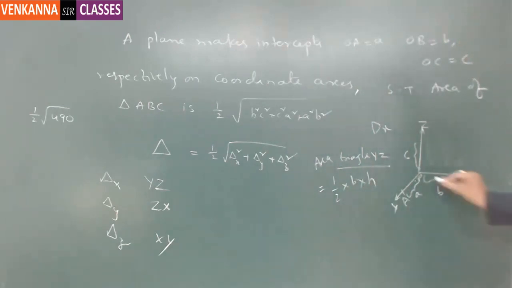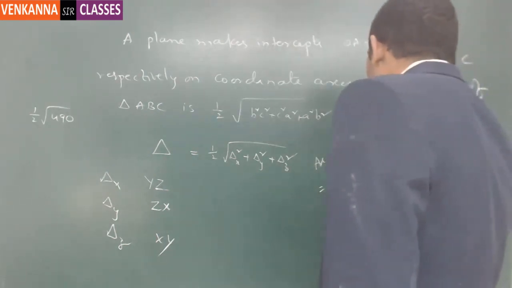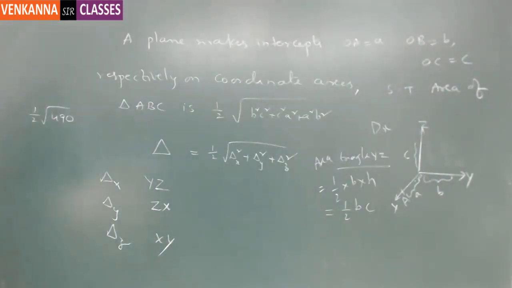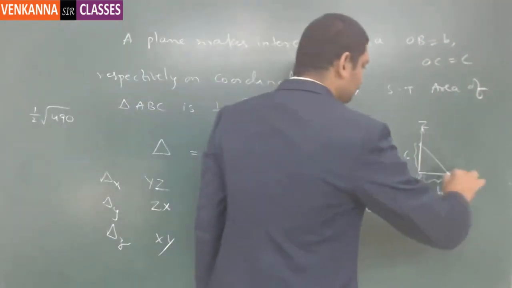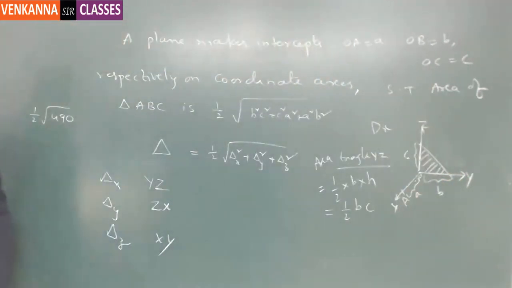So if you consider this is the base and this is the height, this is nothing but half BC. You can feel like this. This is the triangle. It has a base, it has a height. So area of the triangle is nothing but half into base into height. So half BC is the value.